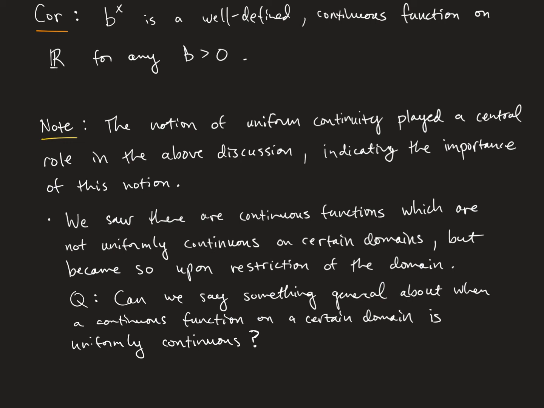And maybe based on your own intuitions about certain kinds of sets that we've discussed, it might not come as a surprise that, in fact, a continuous function on a compact subset of Euclidean space is always uniformly continuous, and that is the content of the next theorem.